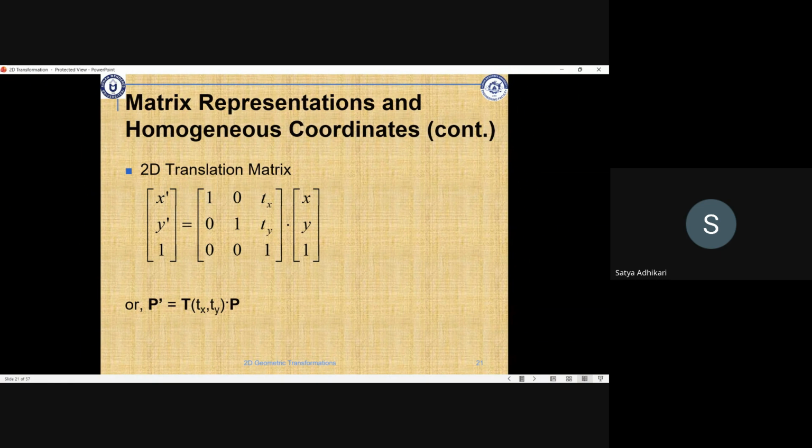That is, we are expanding the translation matrix, which was in 2D, two dimensions, now to three dimensions. xh is here x dash, yh is here y dash, and h is here 1.